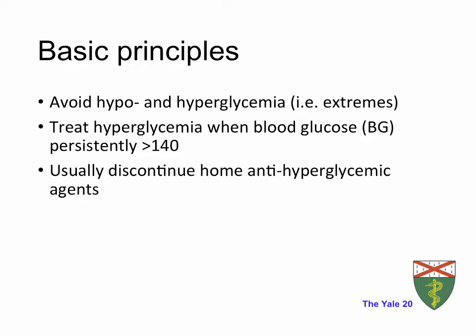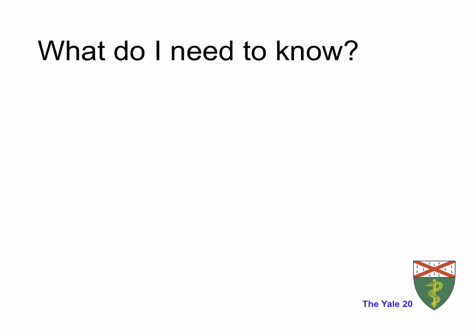That's typically done because insulin itself is just easier to titrate while they're in the hospital and has more predictable effects. So it's just easier for us to control and to get them to within a particular target range that we want with insulin rather than their home antihyperglycemics. So it provides better control of their blood sugar while they're in the hospital.